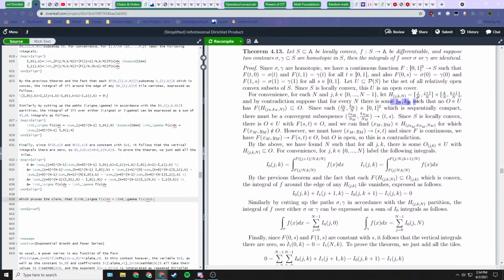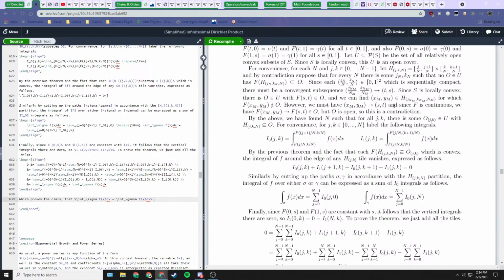So it follows that for every n, there's some j and k such that no open set O contains the image of this jk tile under F. But each of these corner points are in the 0, 1 square, which is sequentially compact. So we have this convergent subsequence.